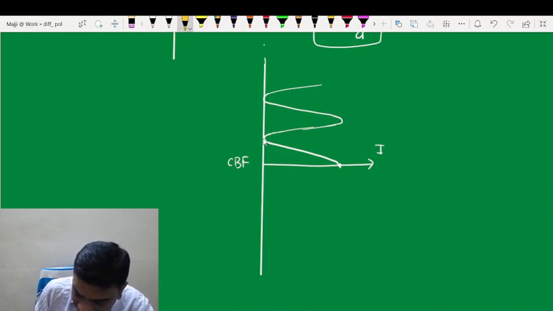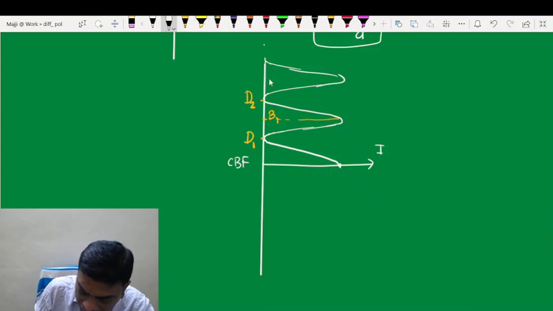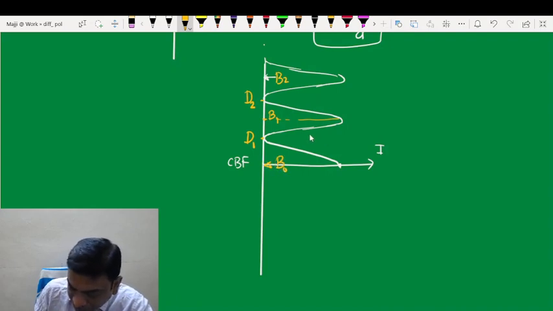So this marks the position corresponding to first dark fringe. This marks the position corresponding to second dark fringe. This marks the position corresponding to first bright fringe, and this point marks the position corresponding to second bright fringe. This is the position corresponding to central bright fringe, and so on.